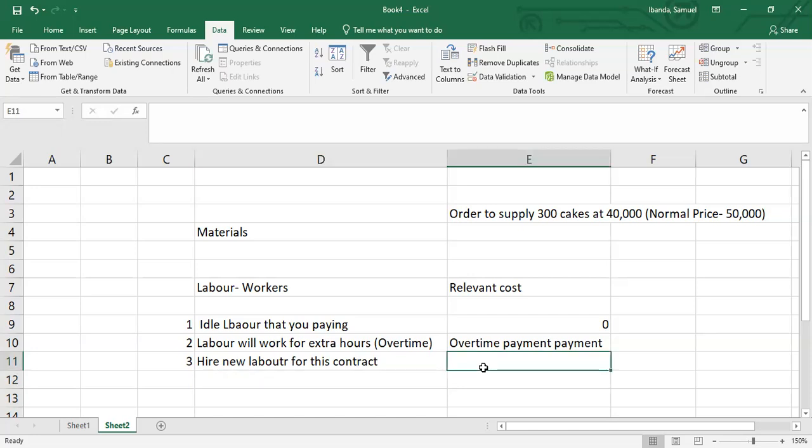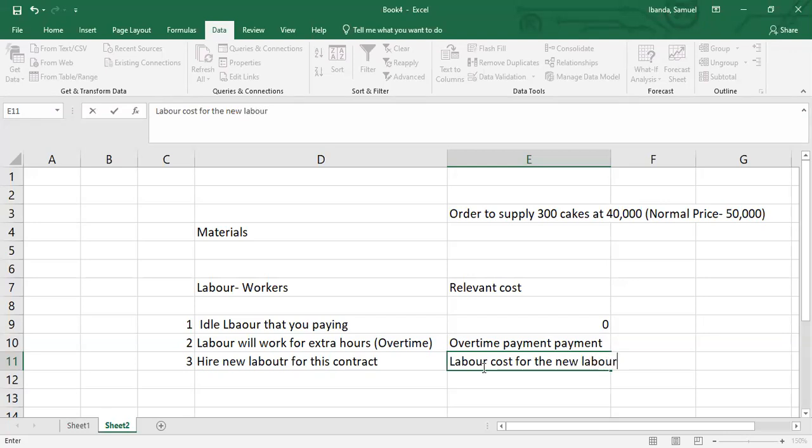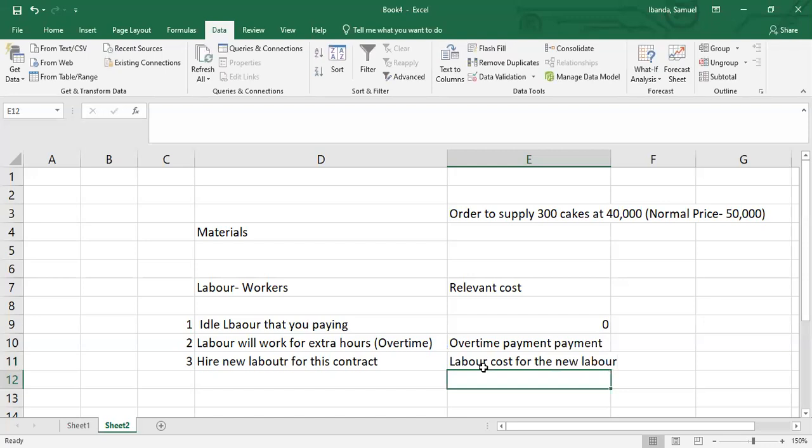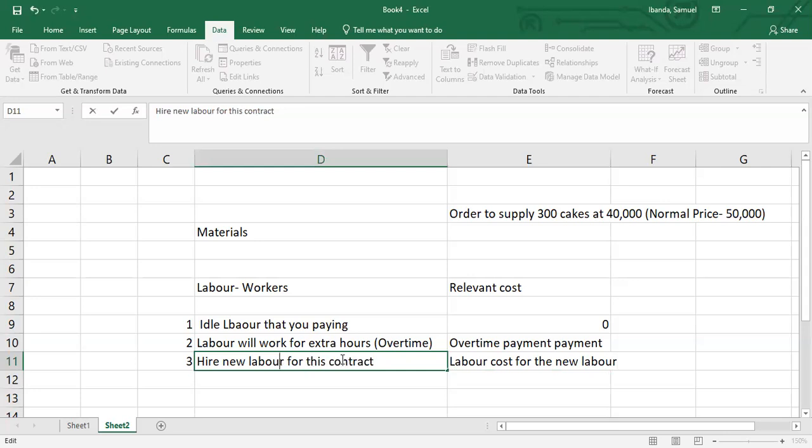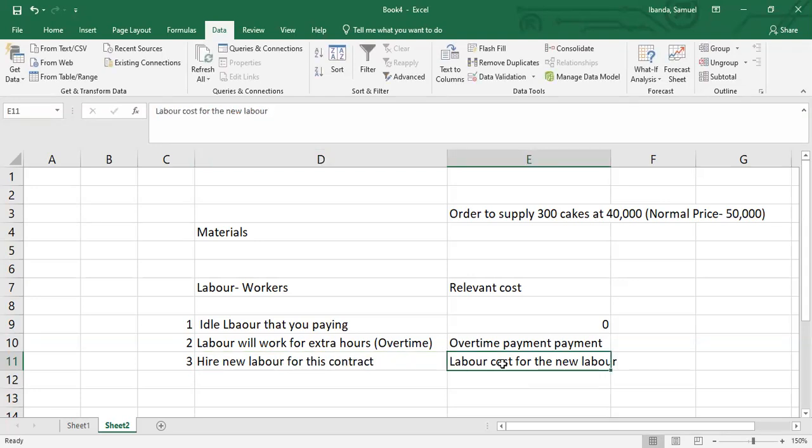Now, in that case, hiring new labor will be the actual cost, the labor cost for this new labor, because you're hiring this labor specifically for this contract. You get it? So it will be the labor cost for this new labor.